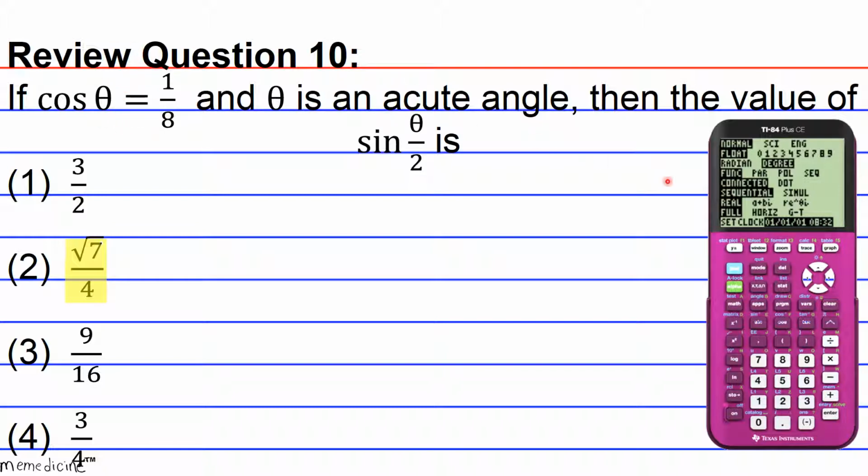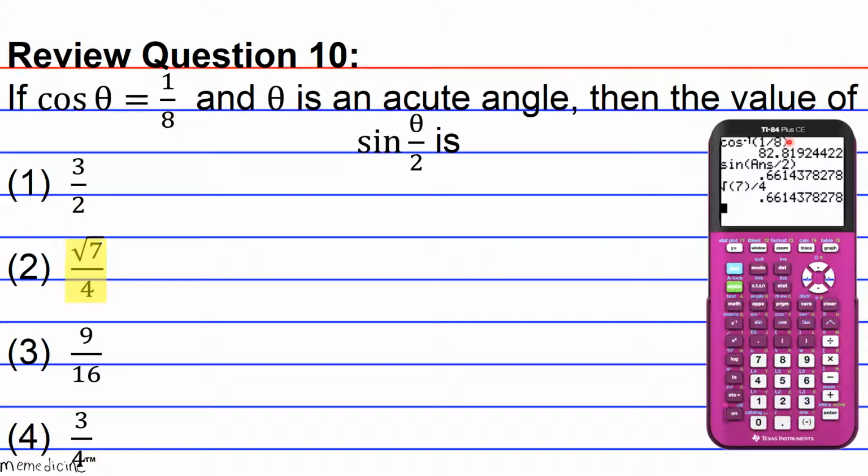So in order to do this, you're basically going to press second cosine to get the inverse cosine function. Then you're going to press 1 divided by 8 because that's our given cosine. But the inverse functions find out the angle that the trigonometric function belongs to.